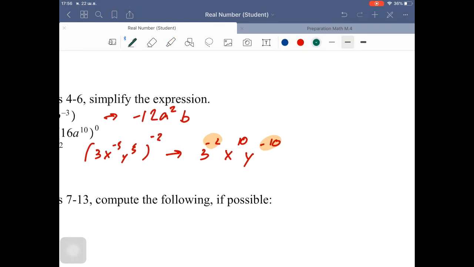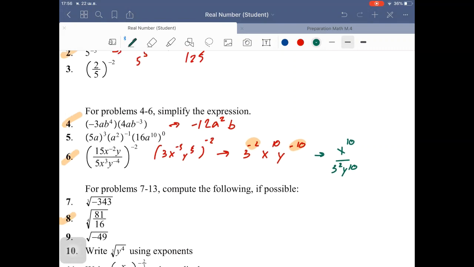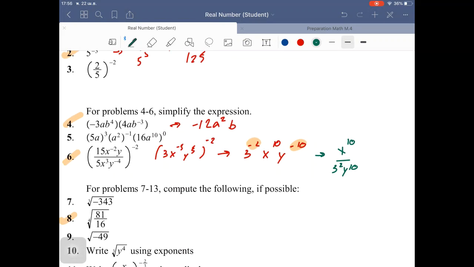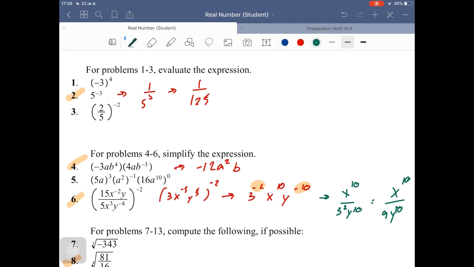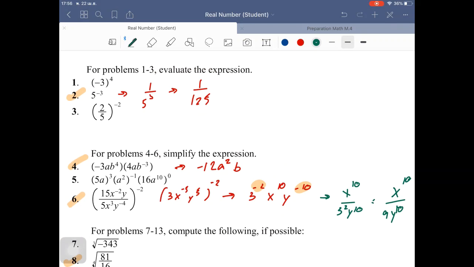Negative exponent, bring them down. That's it. Question 6. And 3 to the power of 2 is 9. Okay. Okay, take some notes. First 3 questions.